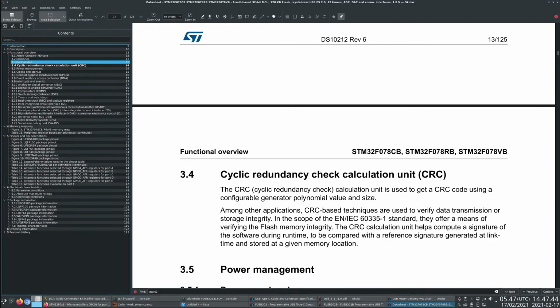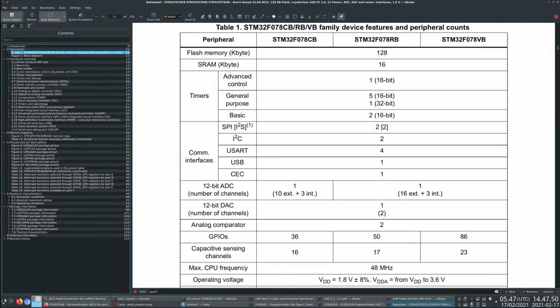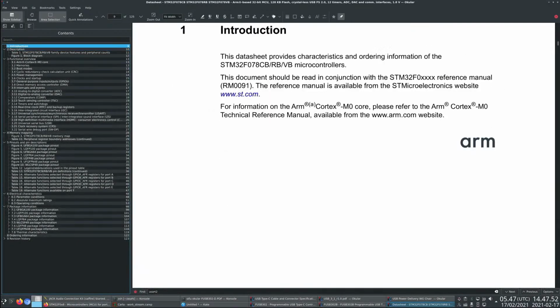I forget if it's this one. Some of the STM32s have these. It might not be in the datasheet, but in the proper full documentation. I'm not sure about that, but I know some of these have bootloaders anyway. They can boot off of DFU.